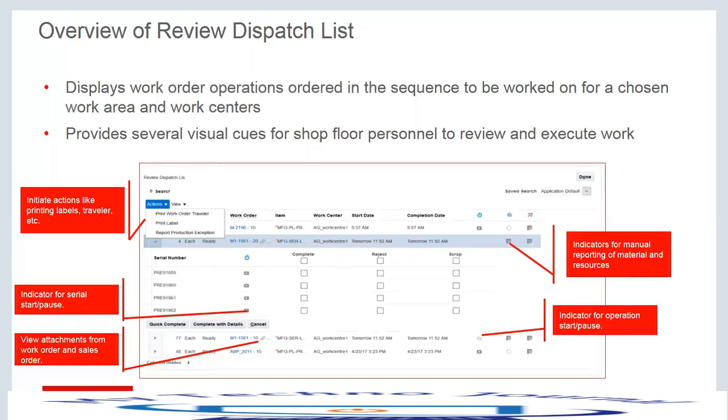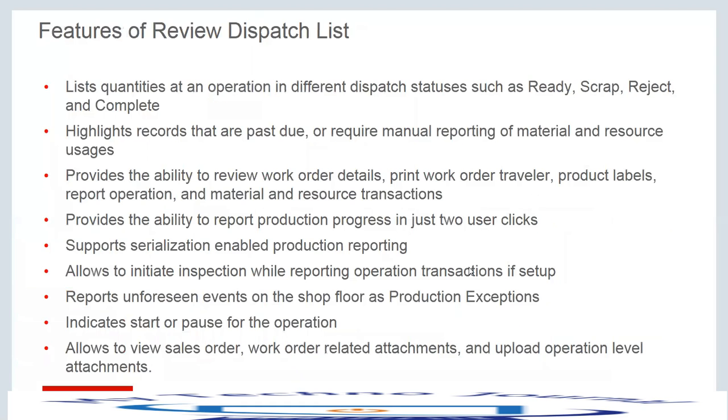There are certain operations where manual resource needs to be charged, and all that can be highlighted and you can see it there by the indicator system. And if there are any exceptions, those exceptions also can be visually looked into, and you can see, okay, this operation has some exceptions. I can just open that, click on those exceptions, view them, and take the appropriate action on that particular operation in a particular work order.